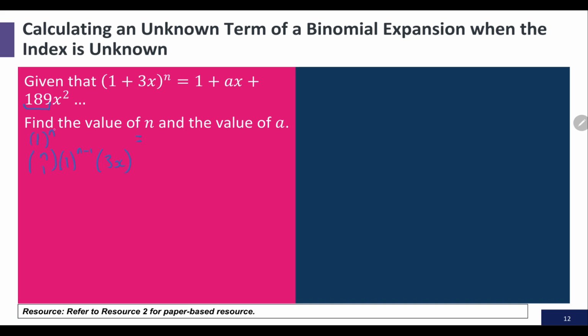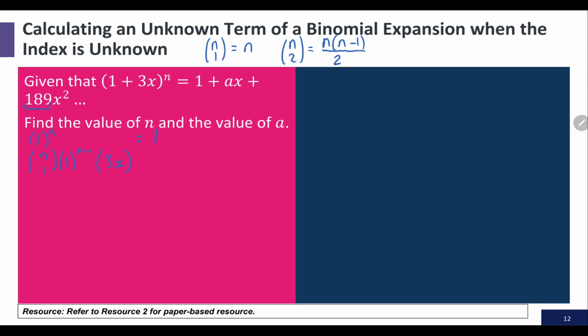In fact, let's work these out. So 1 to the power of n is always going to be 1. N choose 1, let's just write this down up here, look. N choose 1 was equal to n from earlier in the video. And n choose 2, let's get the revision up here, is n(n minus 1) over 2.